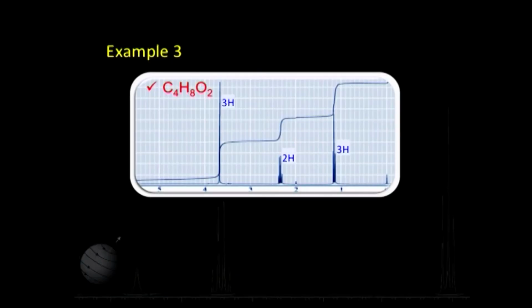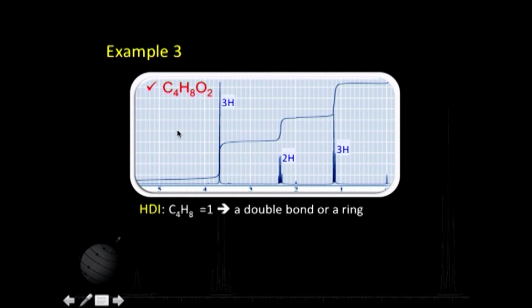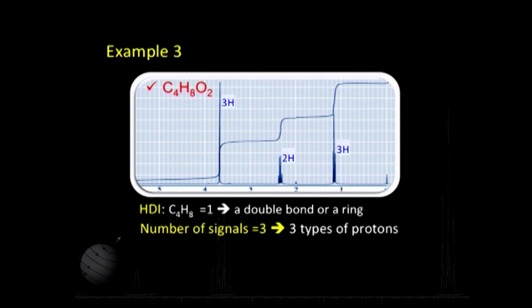Example number 3. The molecular formula for the compound whose spectrum is given to us is C4H8O2. And typically, as we have been doing, we start by computing HDI, and that comes out to be 1. That indicates that in the molecule I have either a double bond or a ring. The number of signals are 1, 2, 3, which is very obvious here.